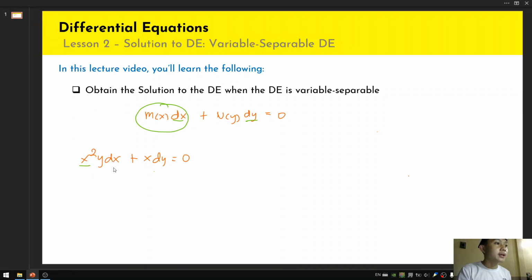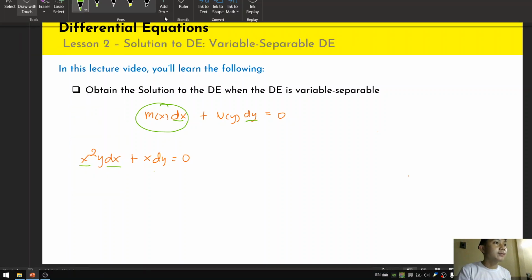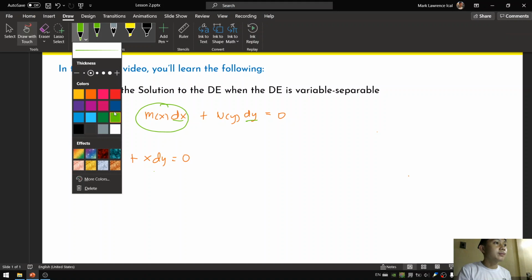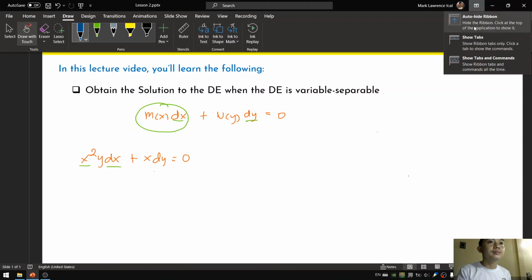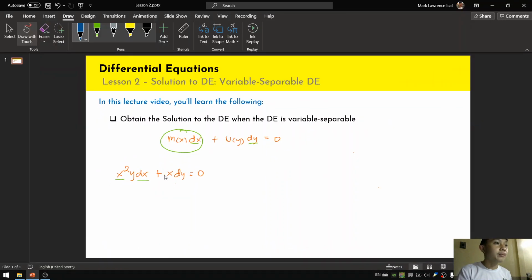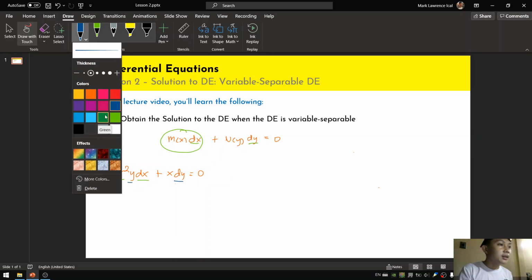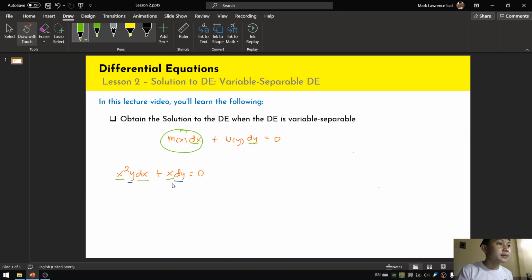So x dx, then y with dy. Alright, so I forgot something, I forgot this one, x. You're going to separate it in a way that the differential equation will look exactly like this. So let's try.